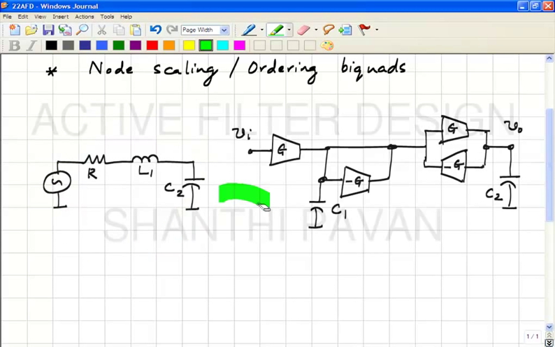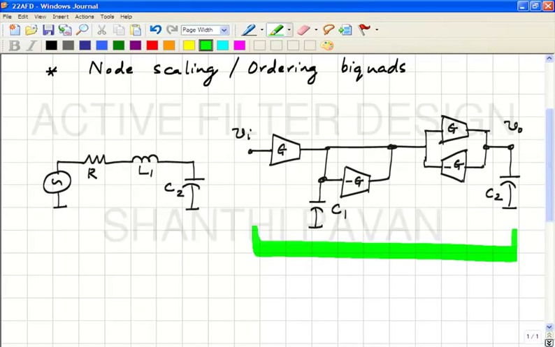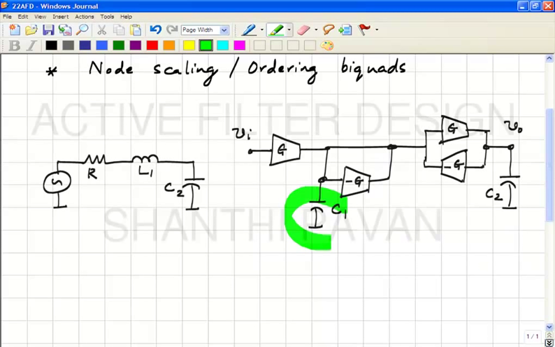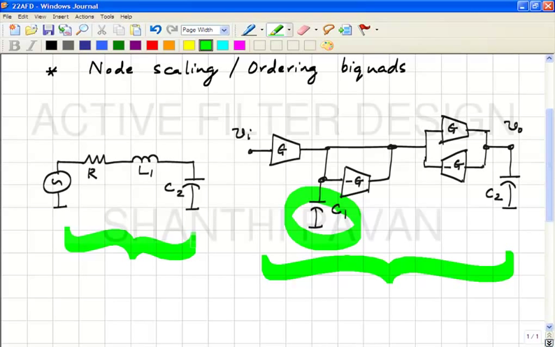DC gain must be 1. What about the DC gain of the active realization? It must also be 1. All right. So, how must one choose C1 in order that the center frequency of this structure and this structure are the same?